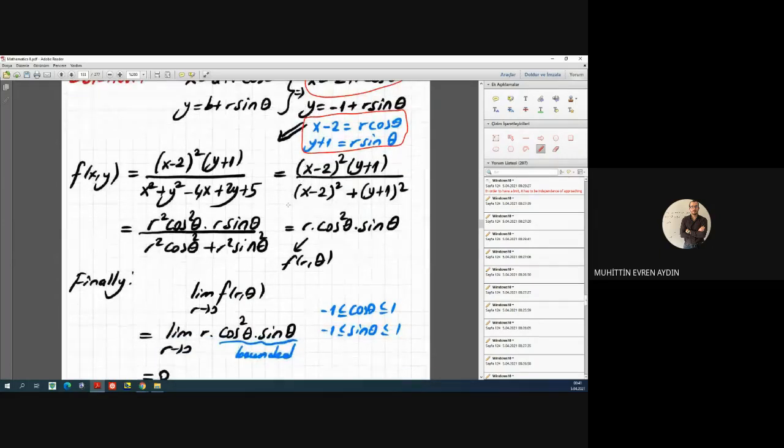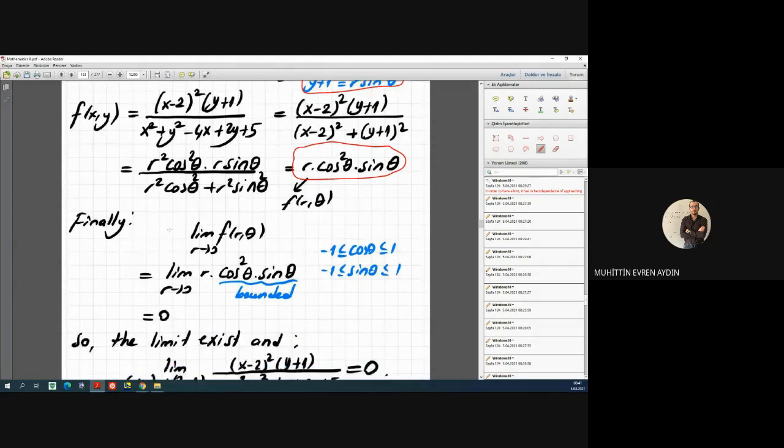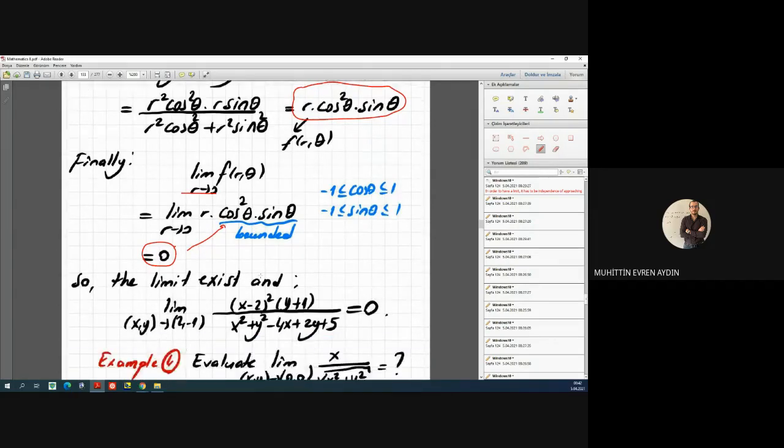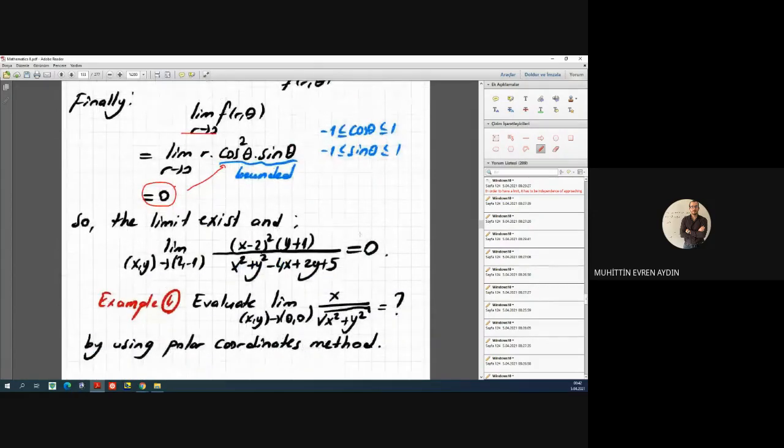After replacing, we have r cosine squared theta multiplied by sine theta. So if r goes to 0, then we have a limit of 0 independent of the value of theta, which means that our limit exists and the value is 0.